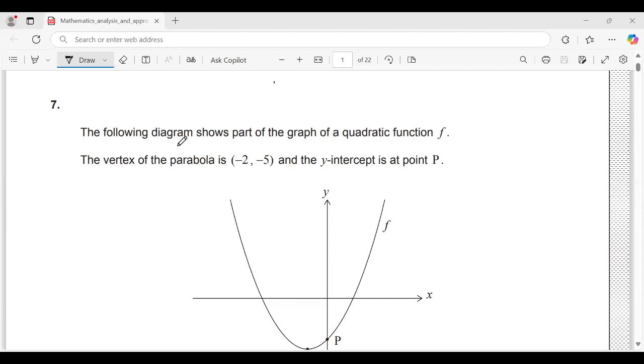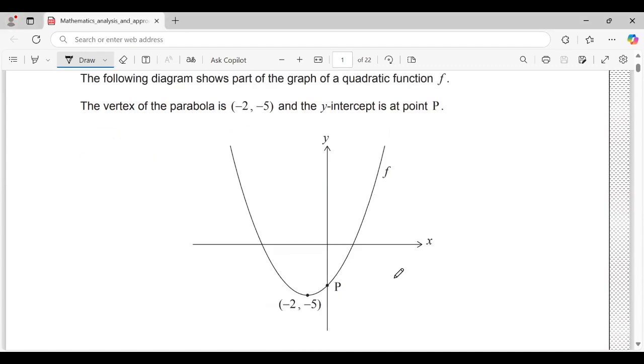Number 7, the following diagram shows part of the graph of a quadratic function f. The vertex of the parabola is minus 2, minus 5, and the y-intercept is at point P. So this y-intercept is with this parabola. And the vertex is minus 2, minus 5.